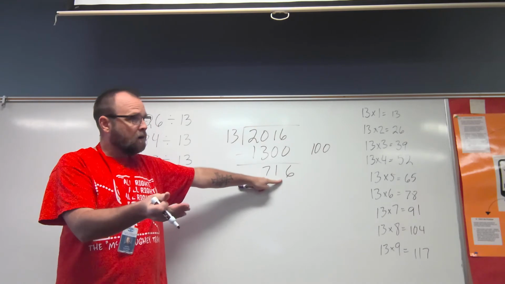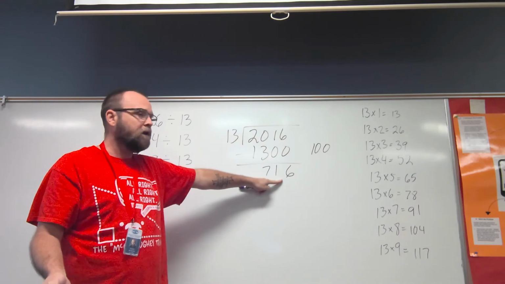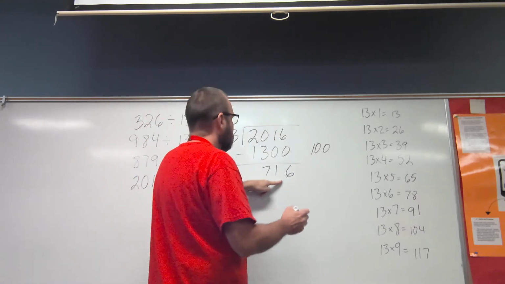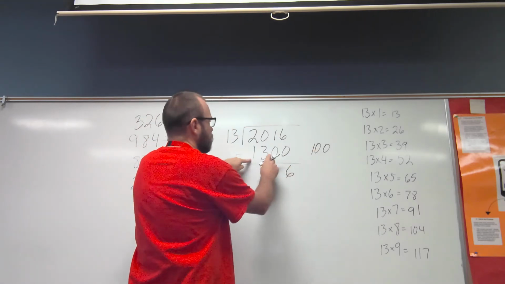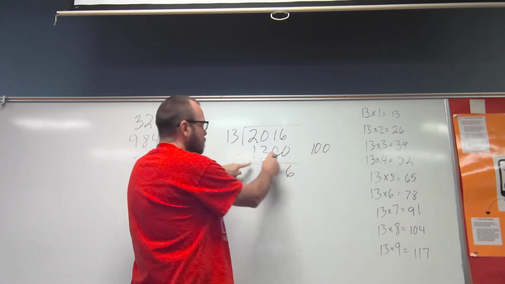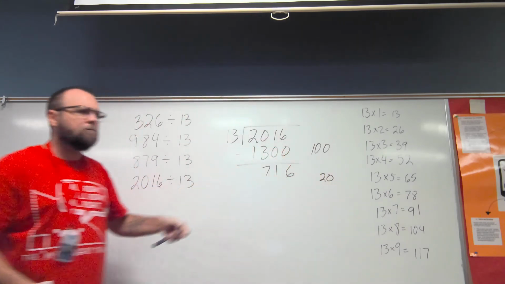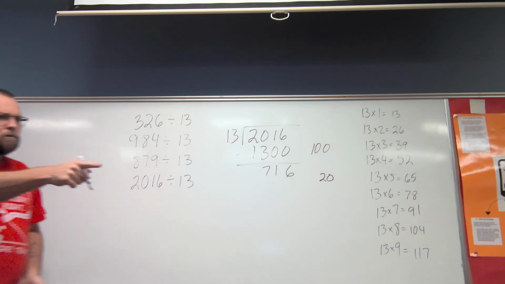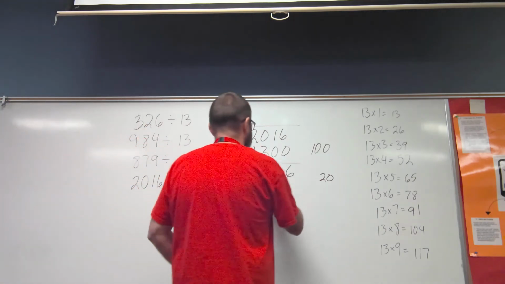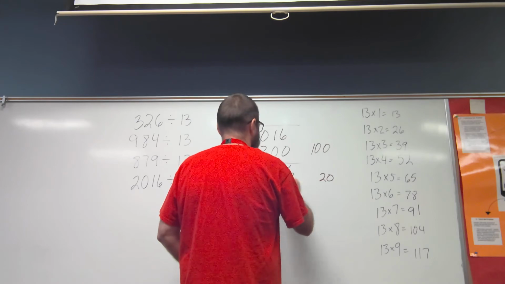I could go 20, right? Do we remember what 20 was? Wait, why can't you do 100? Because 13 times 100 was 1,300. Oh. But yes, I could go 20. And what did I say 13 times 20 was? 260.